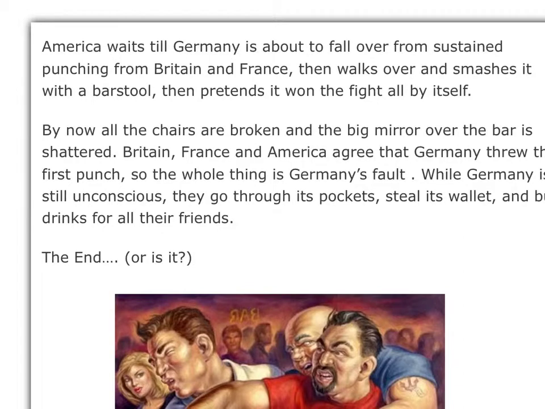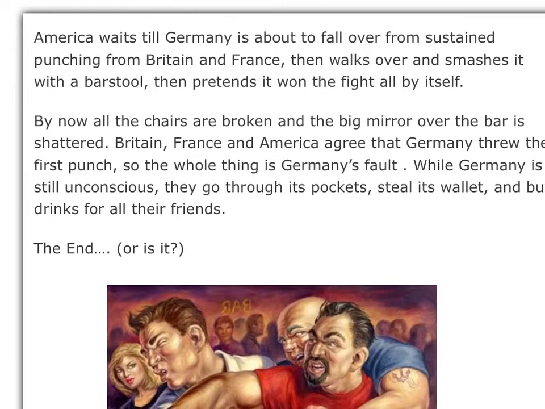By now, all the chairs are broken and the big mirror over the bar is shattered. Britain, France and America agree that Germany threw the first punch, so the whole thing is Germany's fault. While Germany is still unconscious, they go through its pockets, steal its wallet, and buy drinks for all their friends. The end. Or is it?